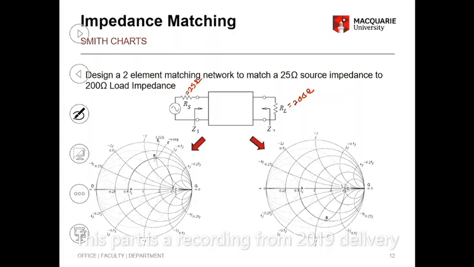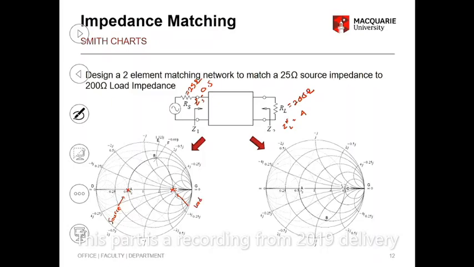When I normalize them, it will be 0.5 and 4. So that's Z S normalized, and this is Z load normalized. If I represent them, 0.5 is here, and 4 is here. Clear so far? So that's our source, and that's our load.